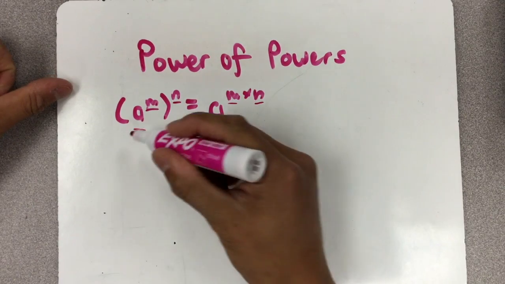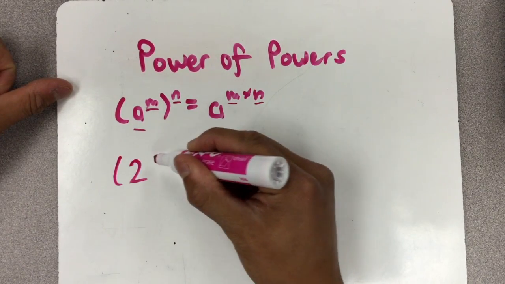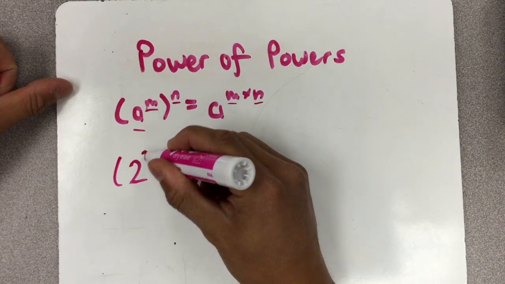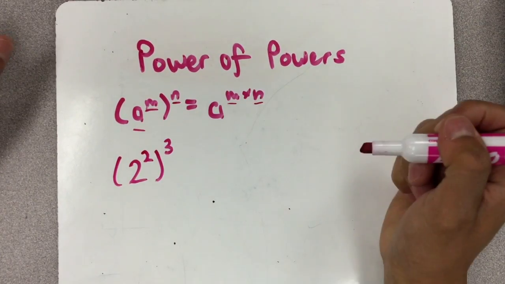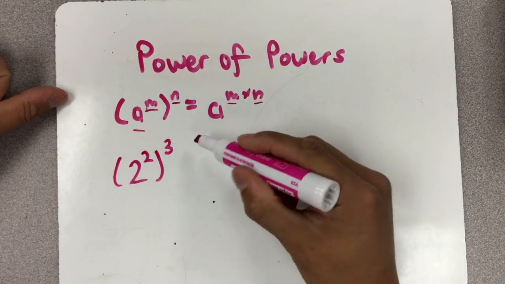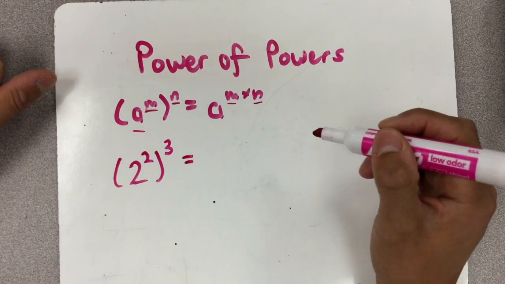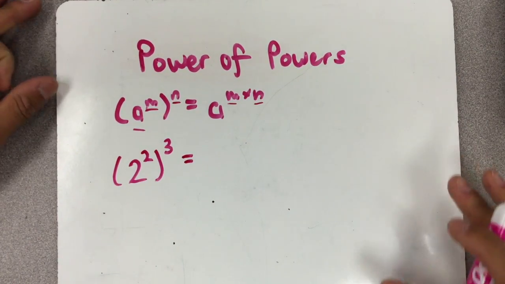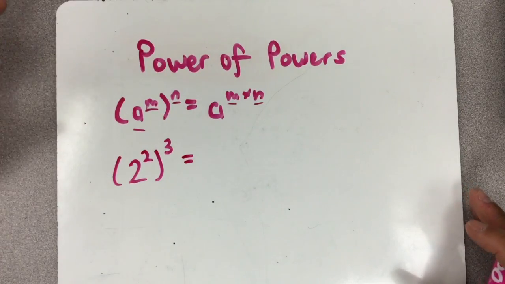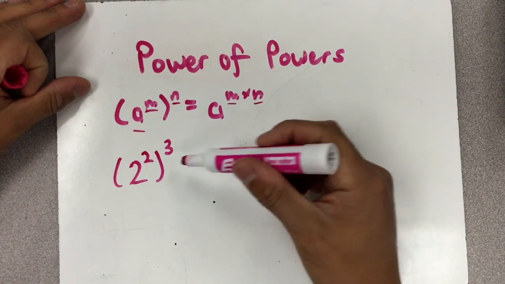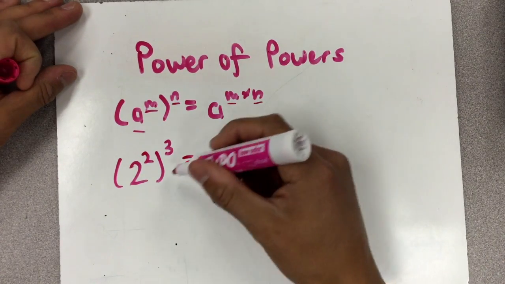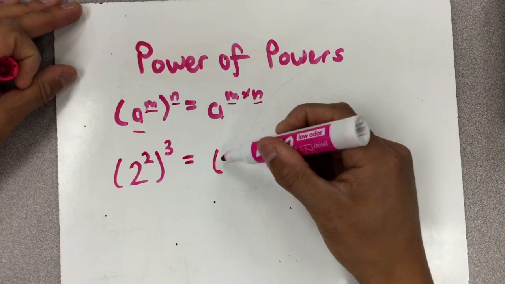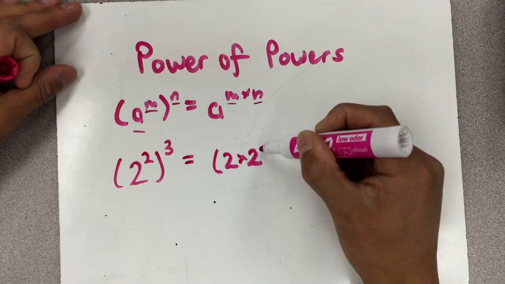Let's look at an example of 2 to the power of 2, to the power of 3. Just like we did in the previous examples, we're going to first show this using repeated multiplication, just so we can see conceptually what's happening here. Remember, an exponent shows repeated multiplication. So if I have 2 squared, we know that that's going to be 2 times 2.